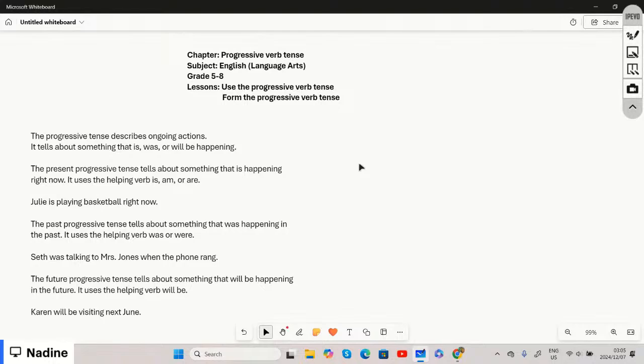And then the lessons that we are going to be focusing on under the chapter of progressive verb tense are to use the progressive verb tense, and to form the progressive verb tense. So that is going to be our lessons for today under the chapter of progressive verb tense.